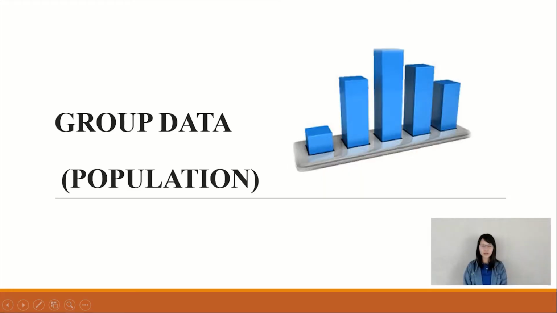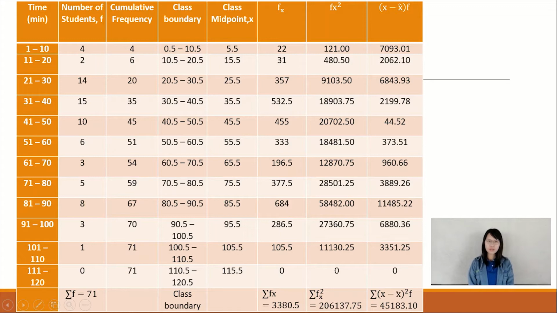In the project we carried out at the FPTP bus stop, we consider it as a population, which is the group data. Now we create a table which consists of time, number of students, which is the frequency, cumulative frequency, class boundary, class midpoint, fx, f times x squared, and also (x minus x bar) times f.